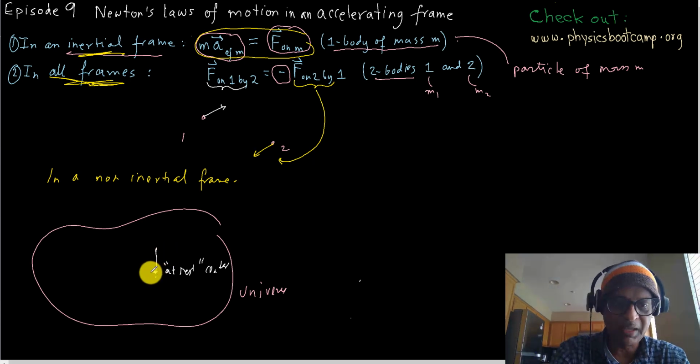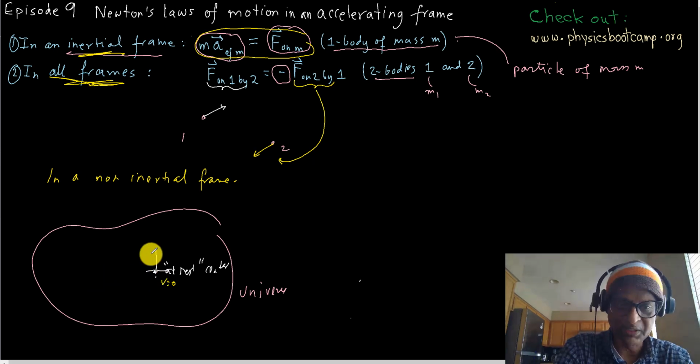So any frame that's moving at a constant velocity, so this frame itself is at rest, with respect to itself 0, but here is a frame that may be moving with respect to it with v not equal to 0 but constant.